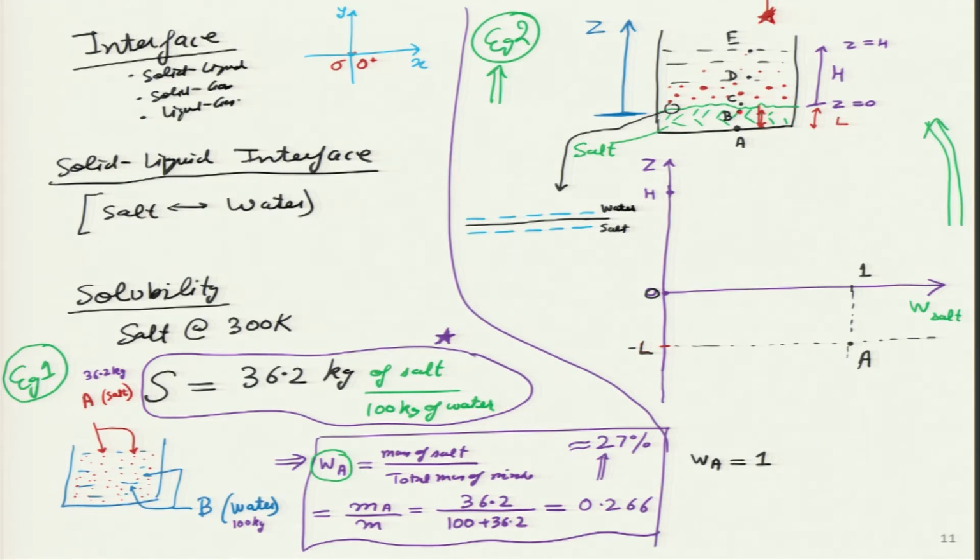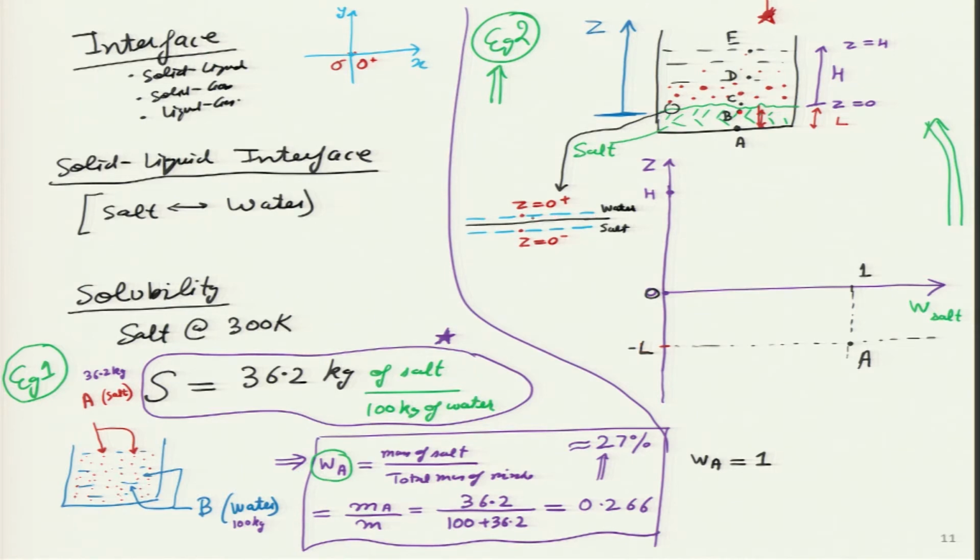Do not consider it O, it is not O, it is 0 plus, 0 minus, which means over here at this point we are at z equals to 0 minus, at this point we are at z equals to 0 plus. So, we are just above the interface or just below the interface.